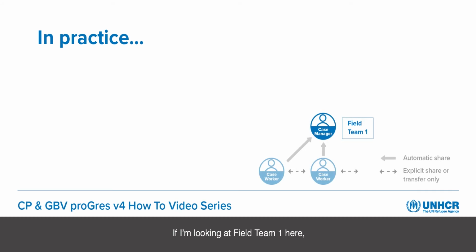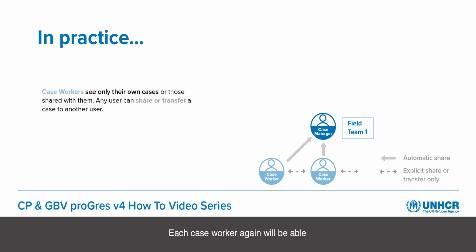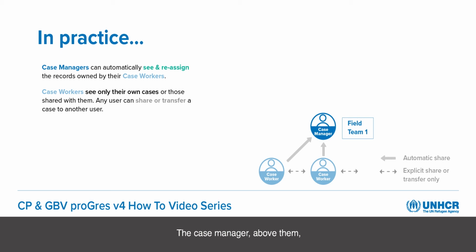If I'm looking at Field Team 1 here that has a case manager and a caseworker and 2 caseworkers, each caseworker, again, will be able to see the cases that they have created and that they are working on. The case manager above them can automatically see the files of those caseworkers that have been identified in that previous matrix to report to them.